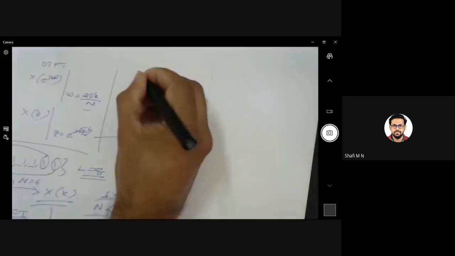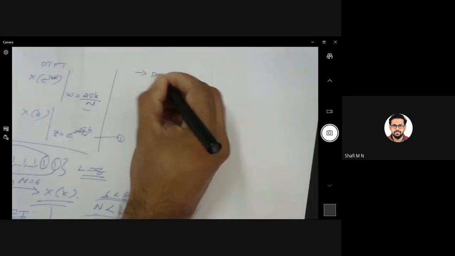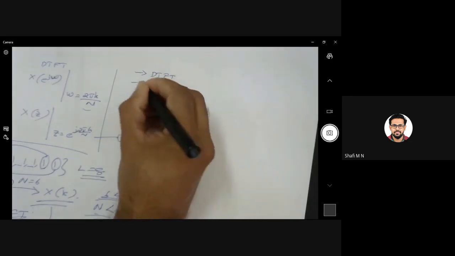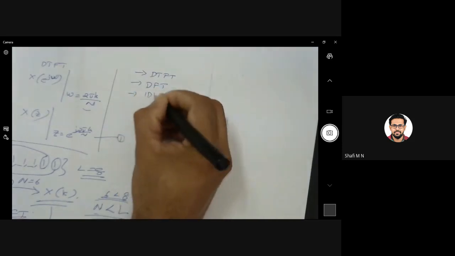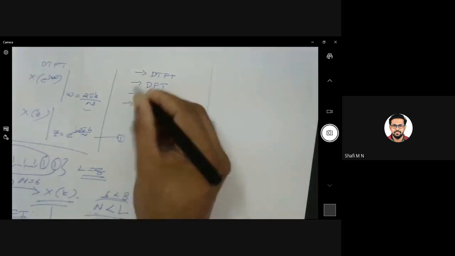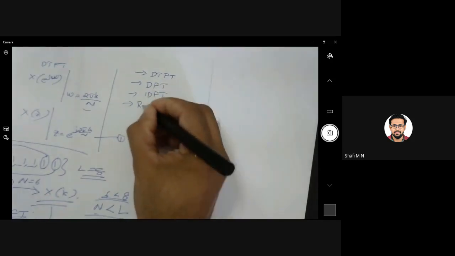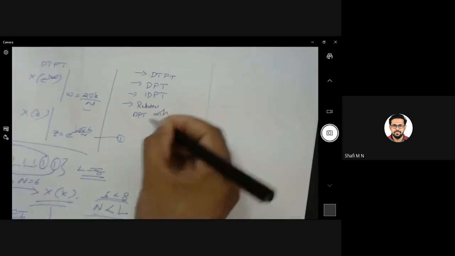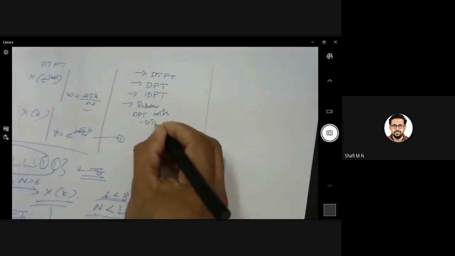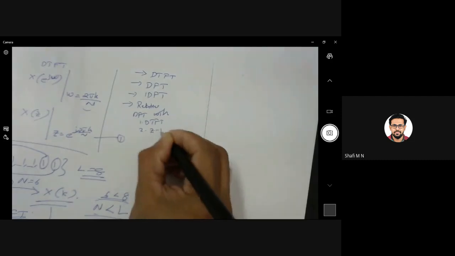So we started with DTFT, then we moved to DFT, right? Then we discussed about IDFT. Then so far we discussed all these things. Then the relationship of DFT with, first one was DTFT, second one was Z transform.